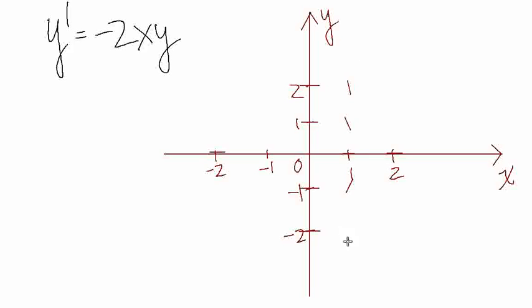Okay, and for 1 comma minus 2, we're going to have positive 4. And let's try minus 1 comma 1, we're going to have positive 2. And then minus 1 comma minus 1, we're going to have minus 2.